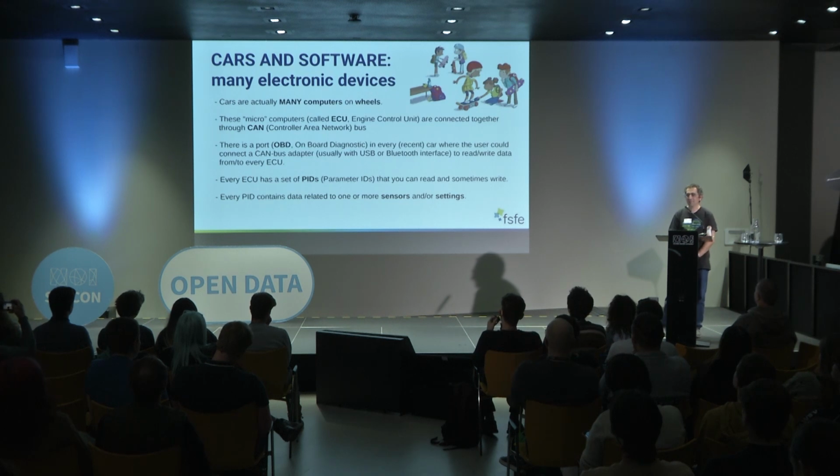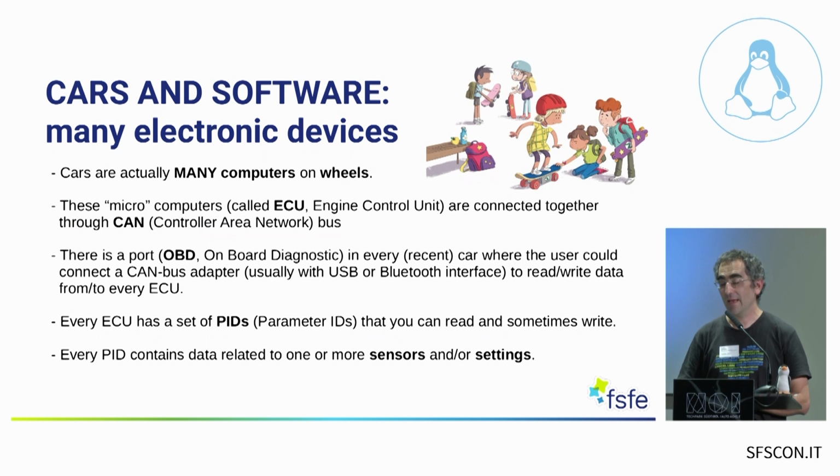Car and software. Any modern car has many computers inside of it, especially the electric cars. These really tiny computers are called ECUs, Engine Control Units, and they are connected together.